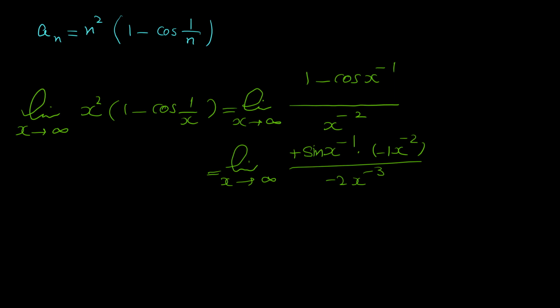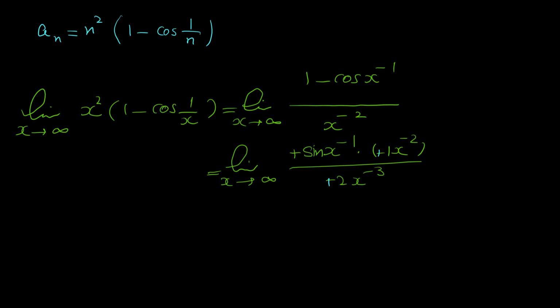If you pay attention, we can cancel this negative with this negative, and we make it positive. So this cancels with this. x to the negative 2 with x to the negative 3 cancels, and we are left with just 1 x to the negative 1 in the denominator.